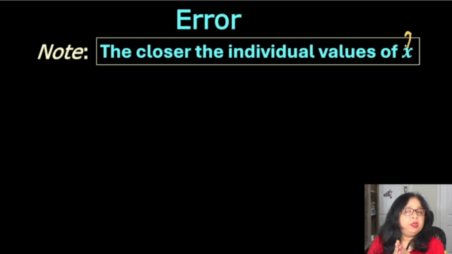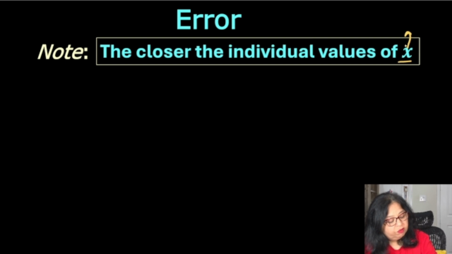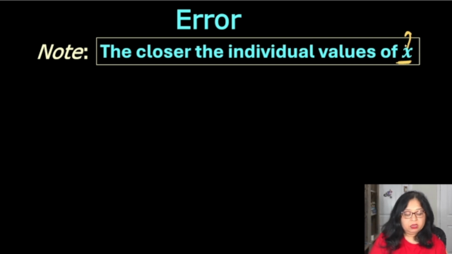Whatever experiment it is that you're doing, ideally you should perform several trials of the same experiment. And when you perform several trials, you're going to get several values of x, one from each experiment. So we want these individual values of x to be close to each other.